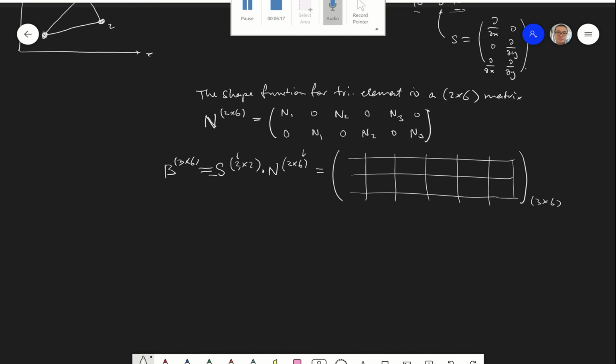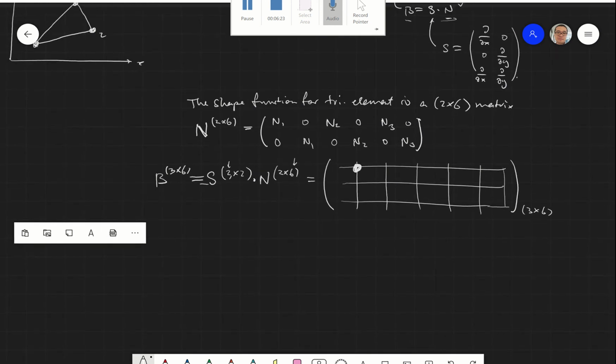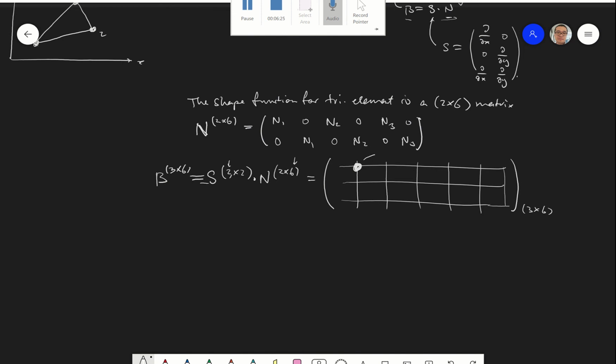So we need to work out each one of those, right? So for example, this is matrix element 1, 1. So what would be B11?